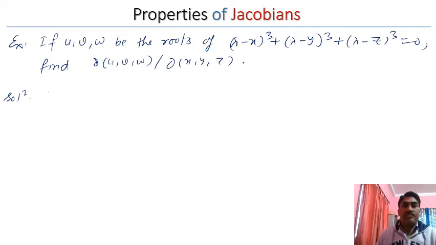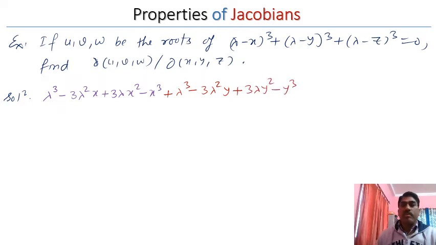So you will get lambda cube minus 3 lambda square x plus 3 lambda x square minus x cube, plus lambda cube minus 3 lambda square y plus 3 lambda y square minus y cube, plus lambda cube minus 3 lambda square z plus 3 lambda z square minus z cube. This is equal to 0.